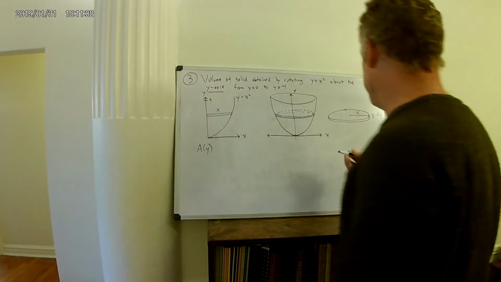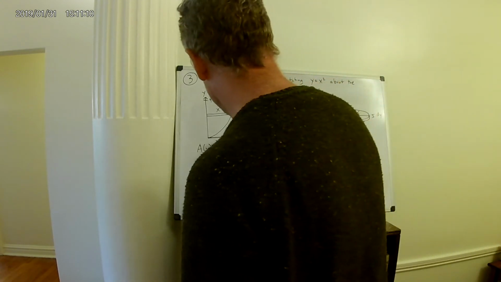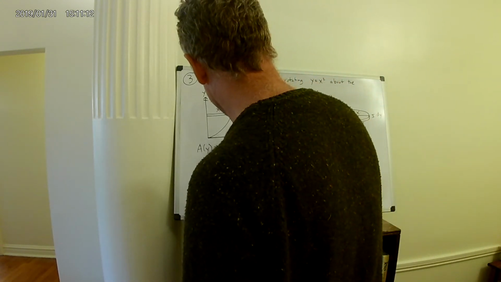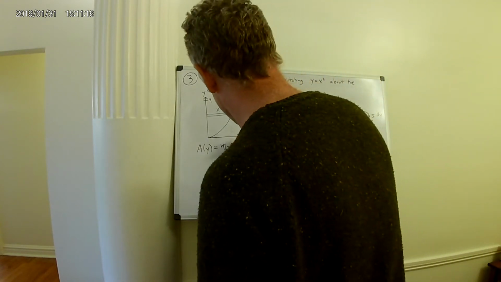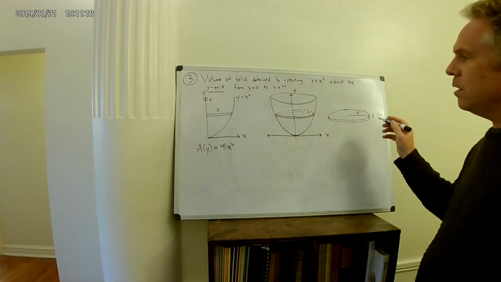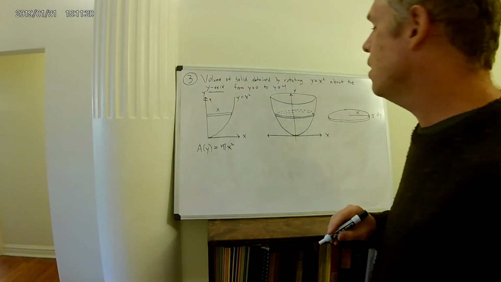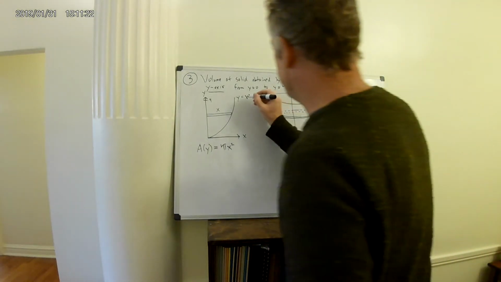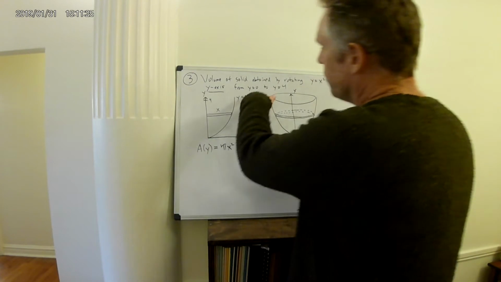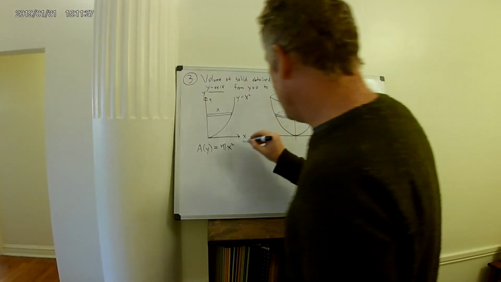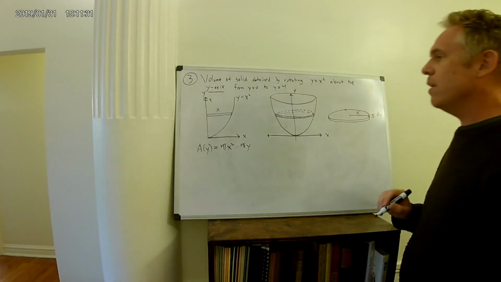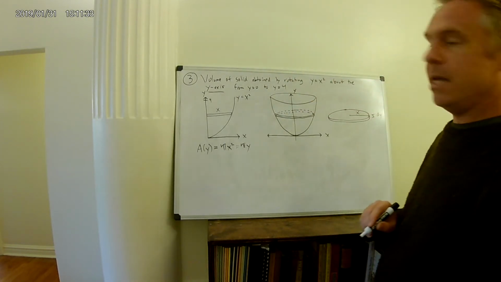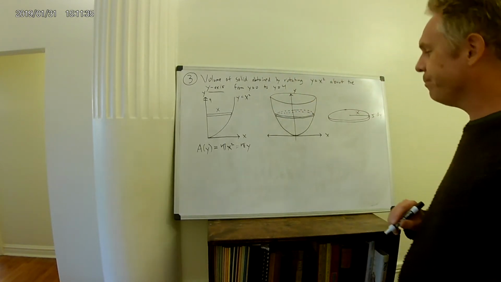So the area as a function of y will be equal to pi times the radius squared. So pi times x squared is the area of each disk. Okay, but we know from this equation, right? We know that x squared equals y, and so we can replace x squared with y. And therefore, the area of each disk as a function of y is pi times y.